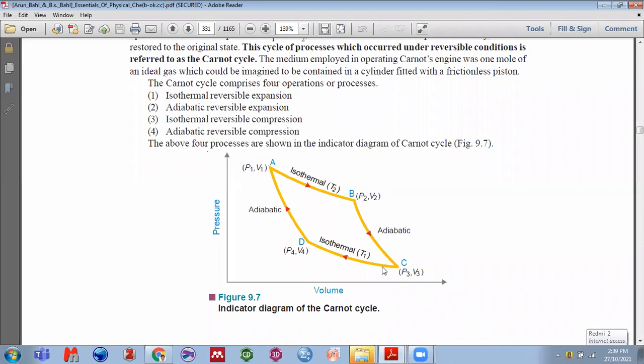Third step, isothermal reversible compression, C to D, P3 V3 to P4 V4. Then fourth step, D to A, that is P4 V4 to P1 V1. Again it reaches its original position. So this is adiabatic compression. This is the fourth step.